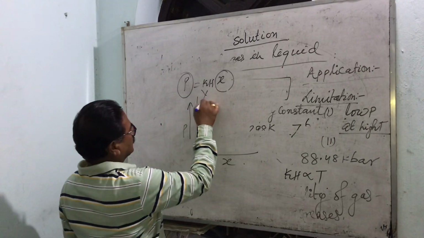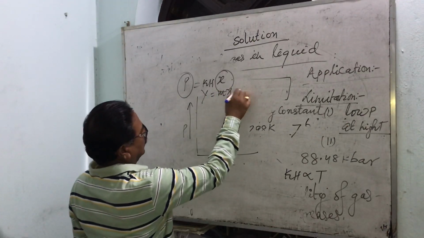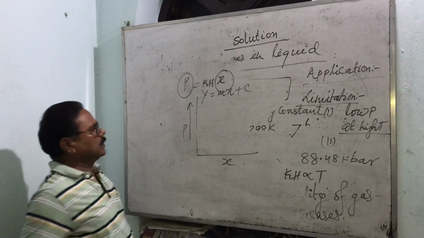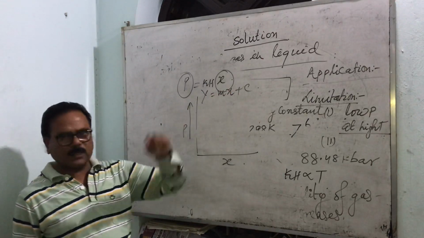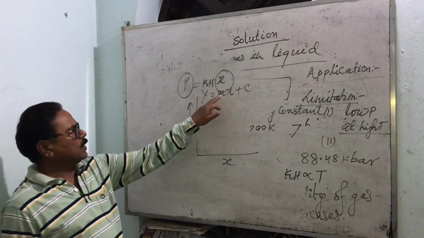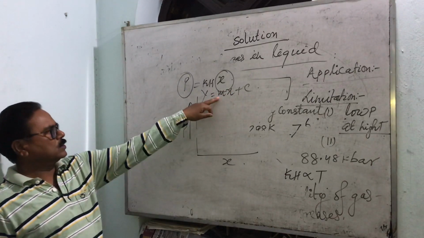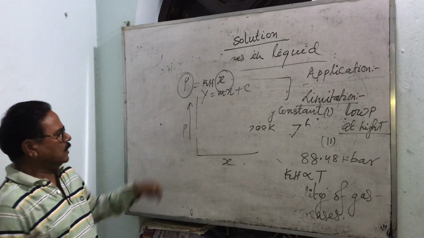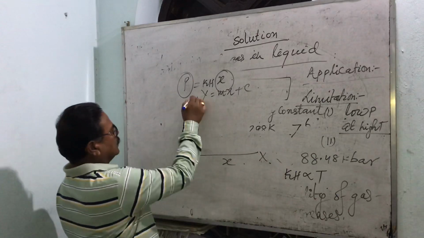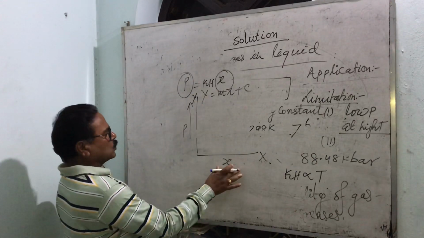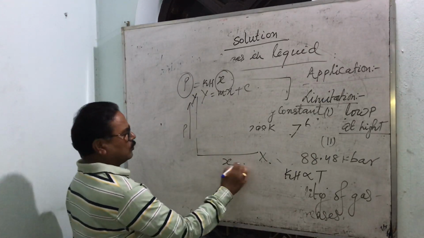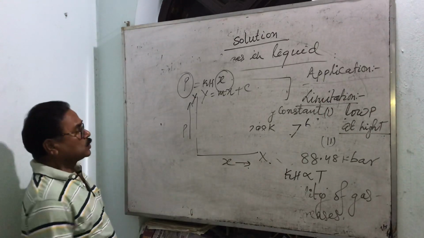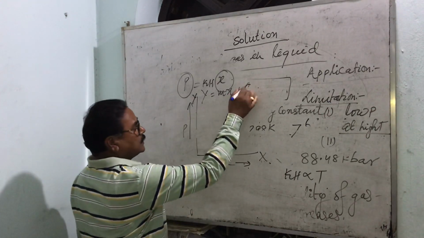This is a straight line equation, y is equal to mx plus c, where m is the slope, x is the x-axis, y is the y-axis, and these are the two functions, pressure and mole fraction. Here c is the intercept.